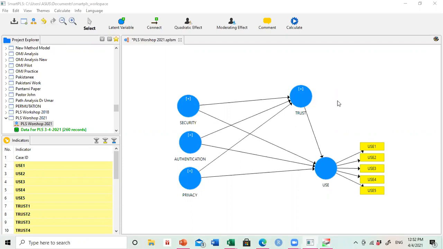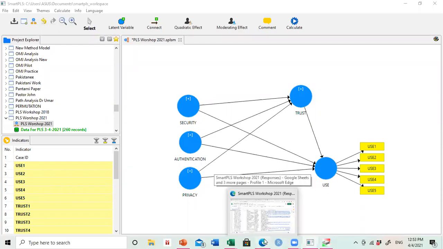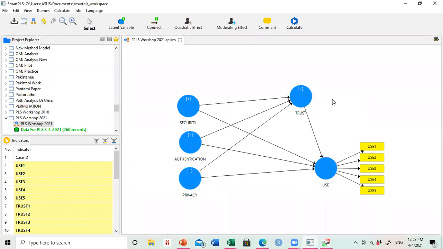Sir, excuse me. Are we using now the repeated indicator approach? Please, we are not. We are still doing mediation. We are not up to that level. When we say higher order construct, that's when we start talking about a repeated indicator.